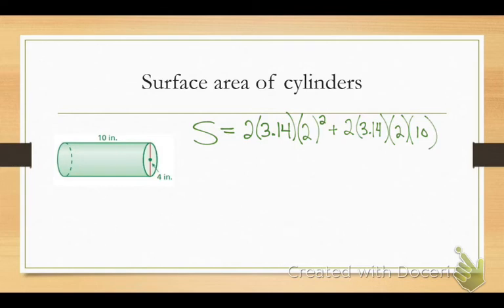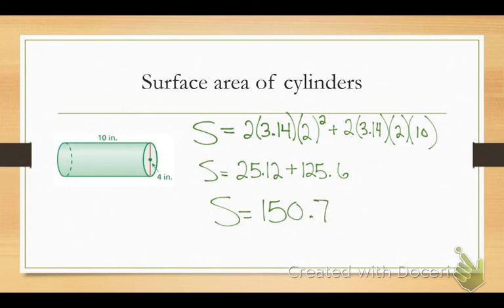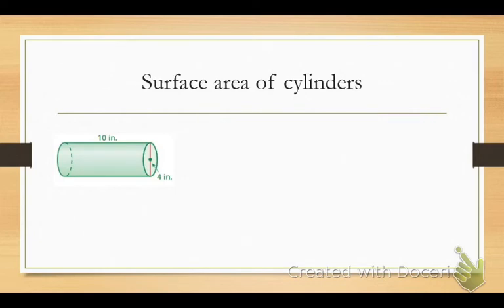When I did all of that multiplication, I got 25.12 plus 125.6. And when I added that together, the surface area was 150, like Hannah said, 0.72 inches squared. Right, next.